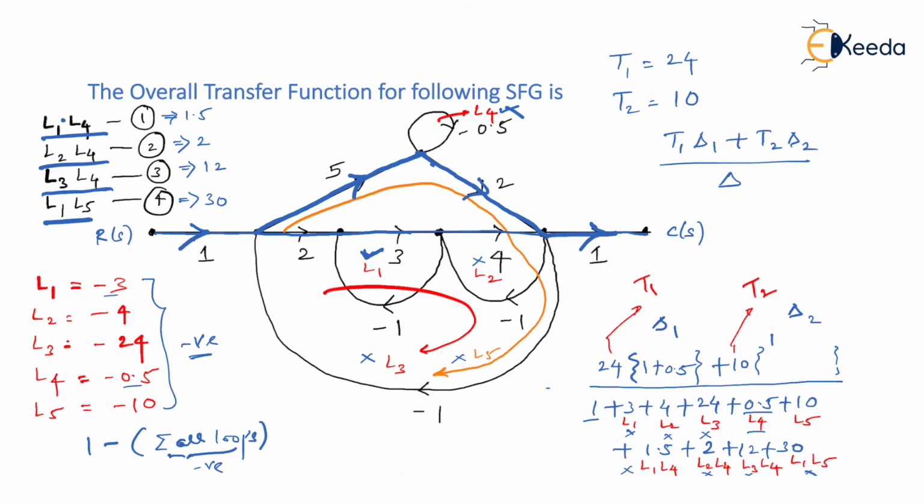So here, what I can write is 1 plus L1 only, where the value of L1 is 3. Of course, it is minus 3, but in delta, it has become positive. Is that right? So whatever I have noted down over here is a numerator and denominator. Just solve it and see whether you get 76 by 88 as the final answer.